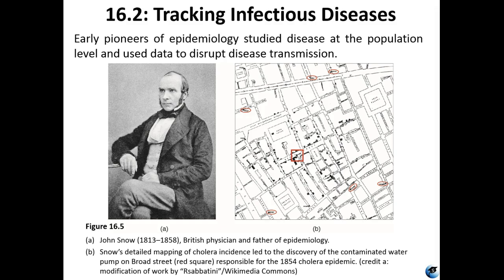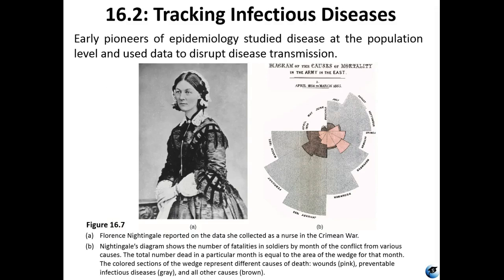Florence Nightingale, you've probably heard of Florence Nightingale. She was a nurse in the Crimean War, and this figure over here is showing the number of fatalities in soldiers by month, okay? So that's your percentage of the population versus time. There were various causes for fatalities, but the total number of people that died in a particular month is equal to the area of the wedge for that month.